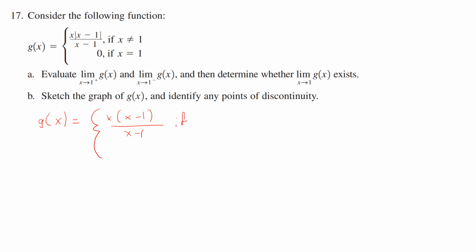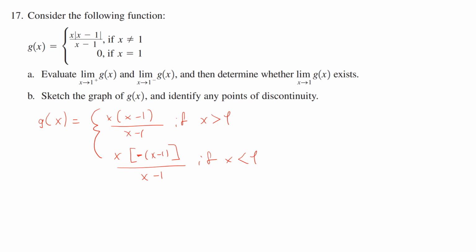And I'm going to put the condition here, if x is bigger than 1, which means it's coming from the right side. Now I'm going to put the left side in, so that would be x, put out of the absolute value as negative. So that would be negative x minus 1 bracket over x minus 1, and that is only if x is less than 1, which means it's coming from the left side.